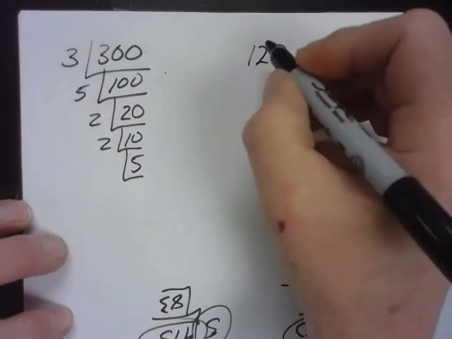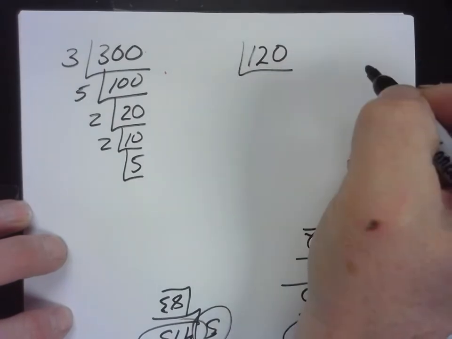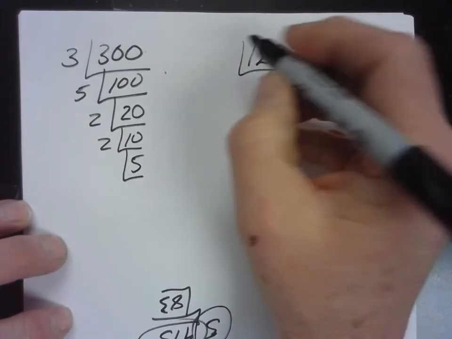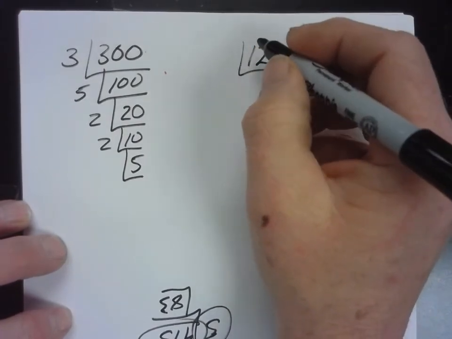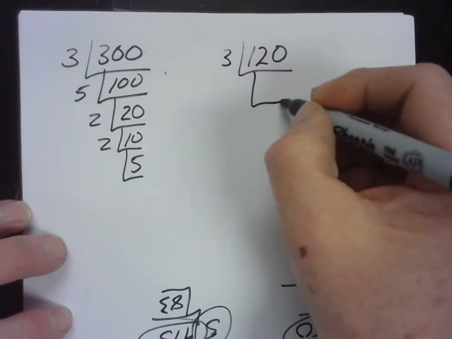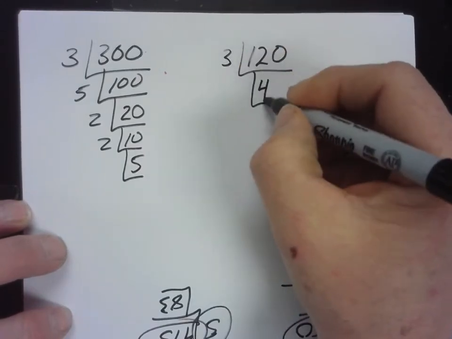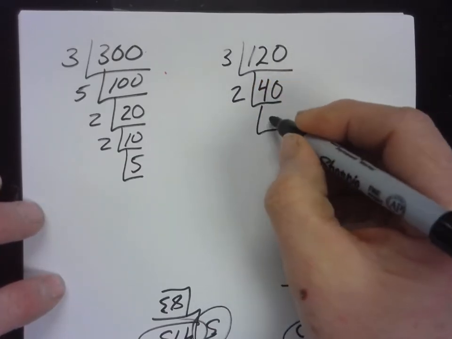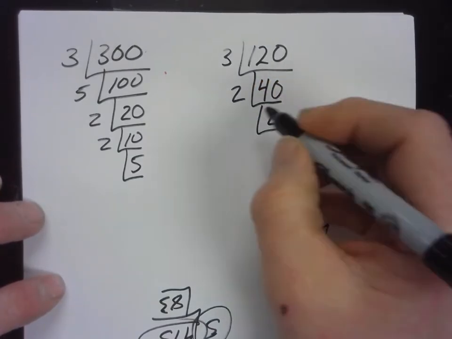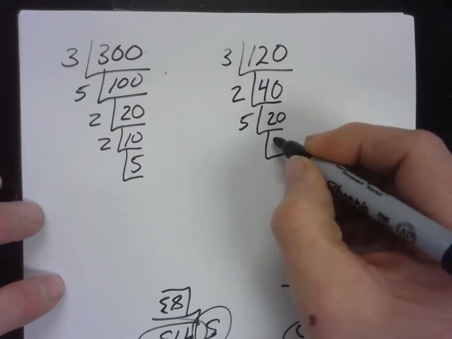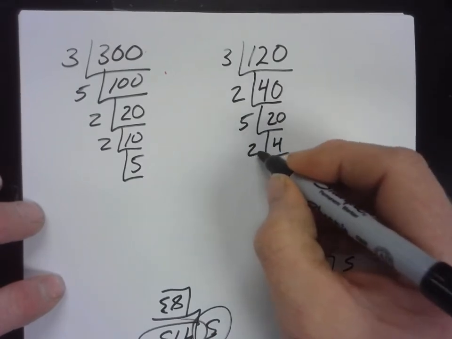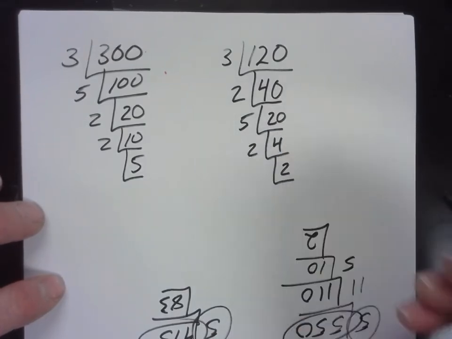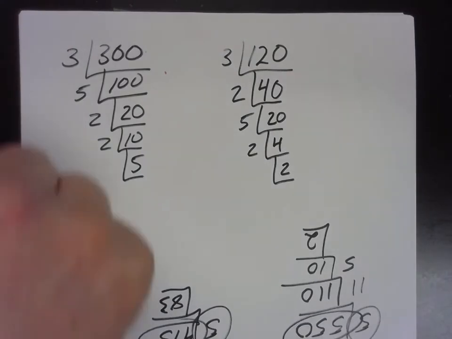Okay, let's do the 120. 5. 20. Oh. 3. Okay, 3. 3 goes into 12 4 times, right? So 40. 2. 5. 4, 2. 2. Okay.